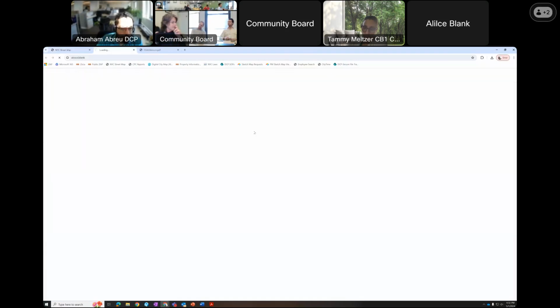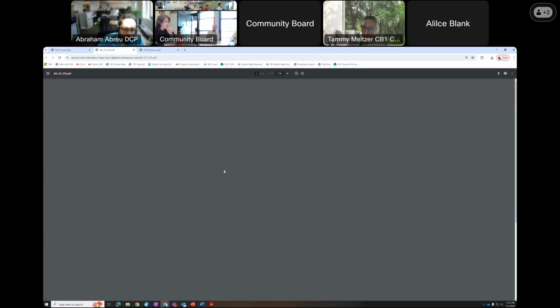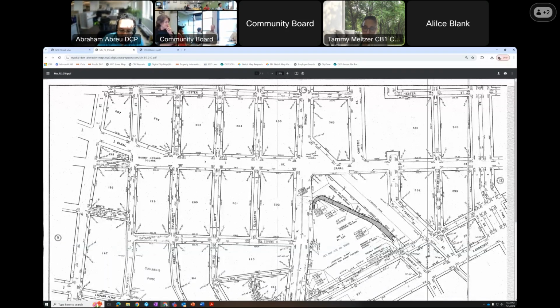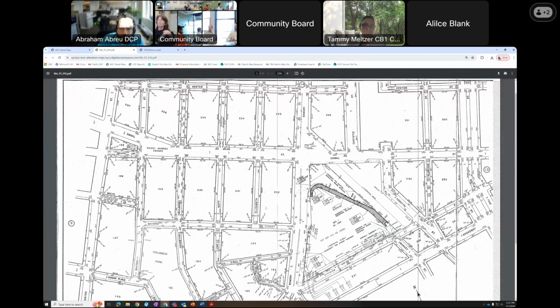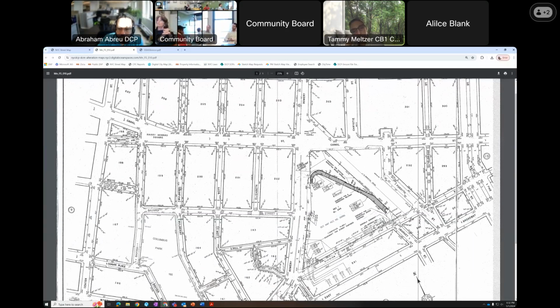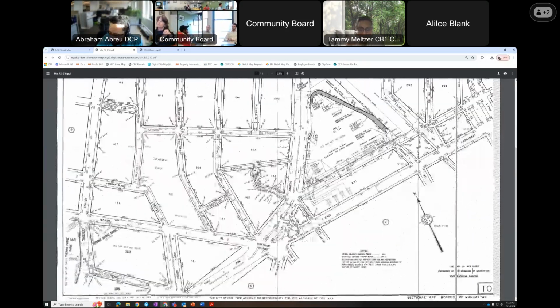If you open that up, zoom out, please. Oh, I can't zoom out anymore. Interesting. All right. But this is the section map for this part of Manhattan.